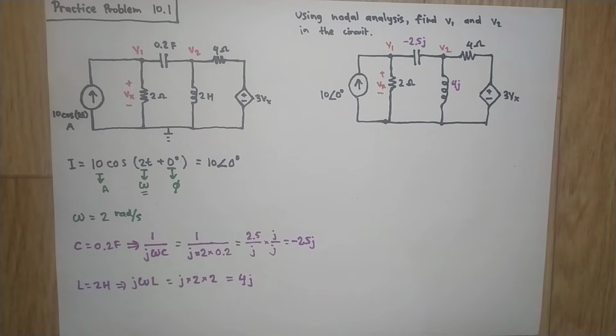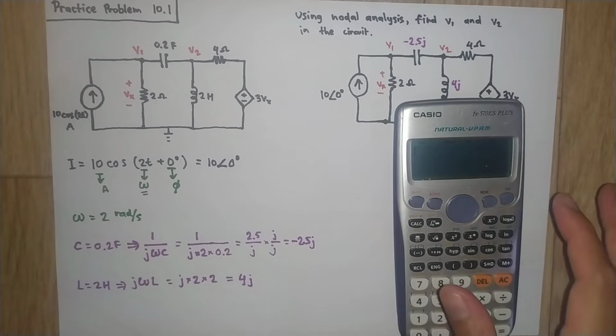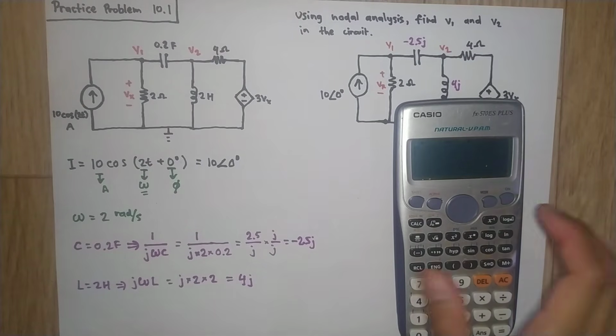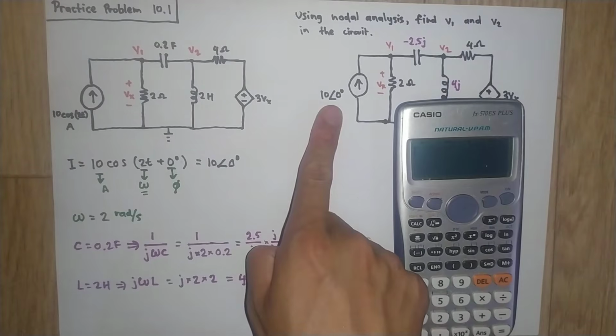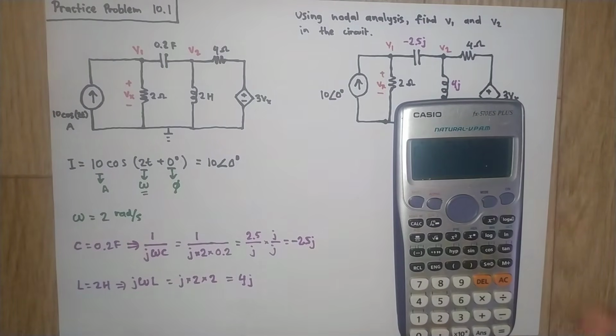So I recommend using a calculator that can do any complex number operation: addition, multiplication, division, and converting from polar to Cartesian coordinates. This is my calculator and it works very well.